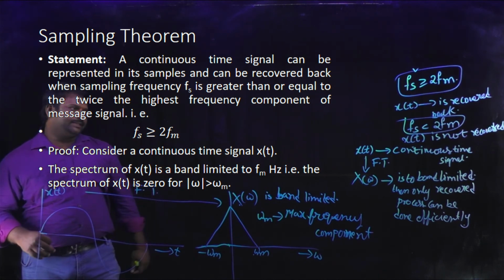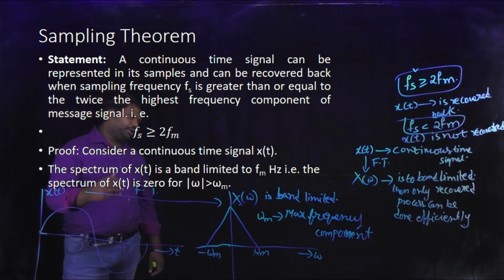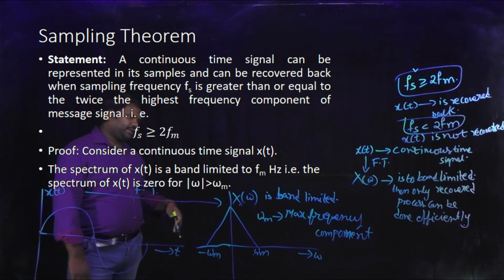Next we'll see how we get a discrete time signal. Next is converting to the discrete time signal, taking its Fourier transform, and getting the spectrum of that Fourier transform, giving the 3 different cases. That process uses our sampling process.